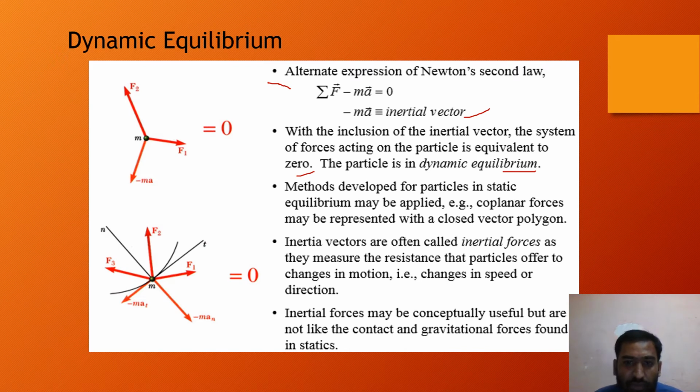Inertial vectors are often called inertial forces as they measure the resistance the particles offer to change in motion, for instance, change in speed or direction. Inertial forces may be conceptually useful but are not like the contact and gravitational forces found in statics.